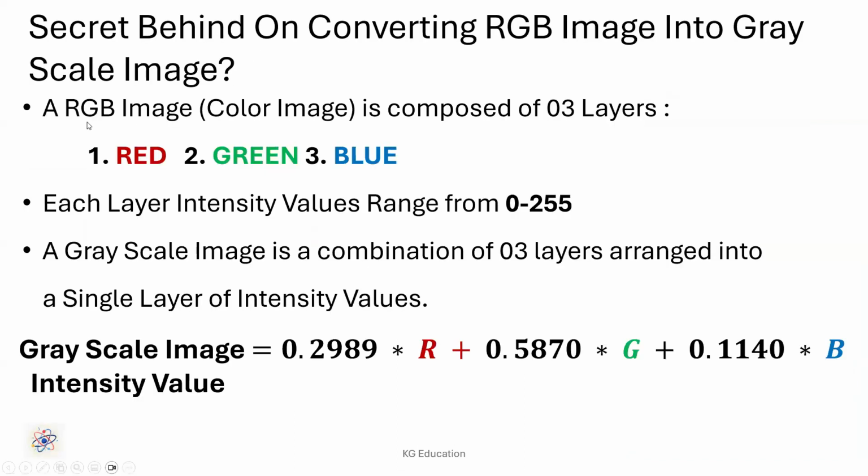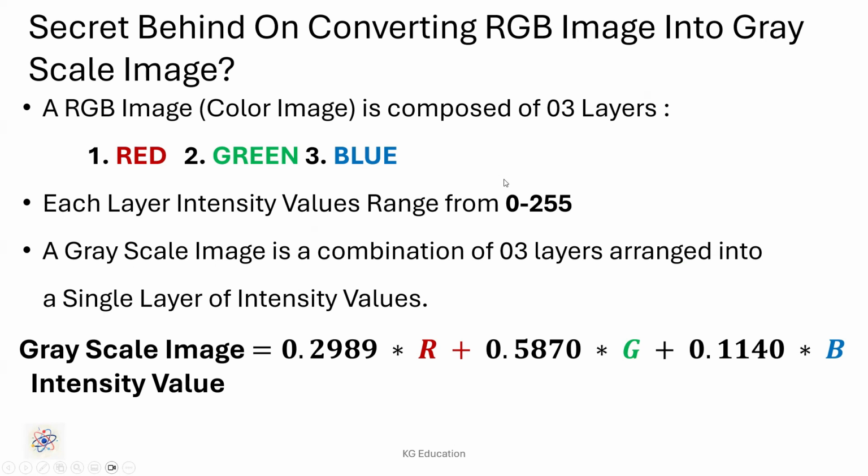As I mentioned earlier, the RGB image or color image is composed of three layers: red, green, and blue. Each layer's intensity values vary from 0 to 255. Similarly, a grayscale image also has the same intensity values.